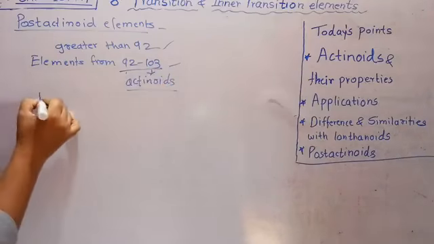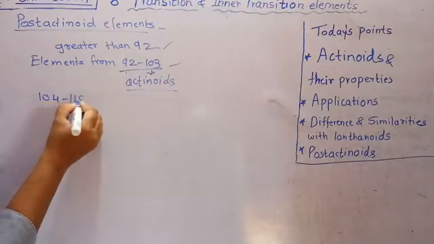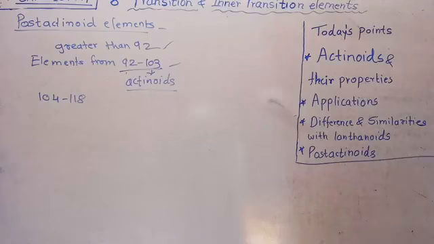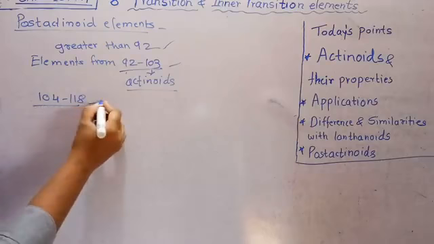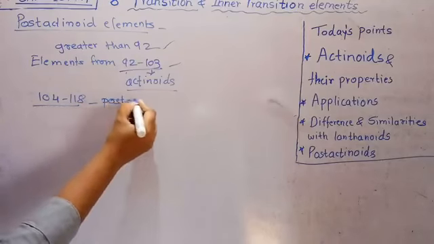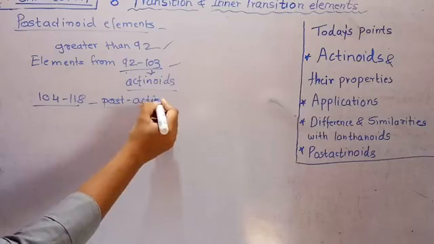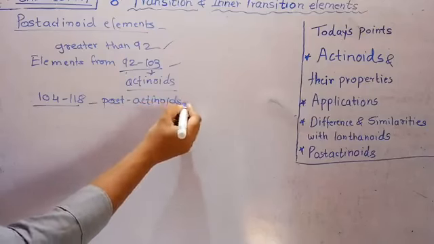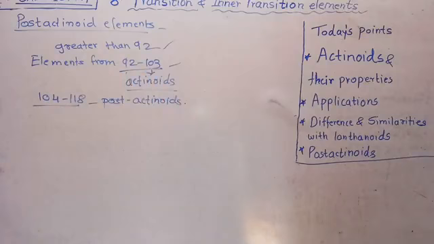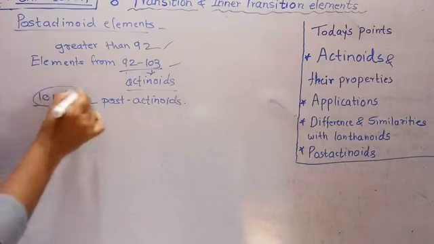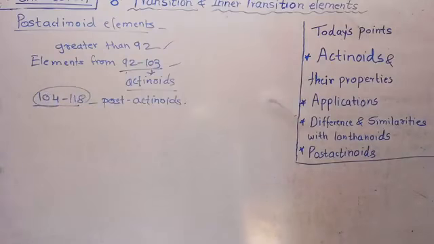But the elements from 104 to 118 are called the post-actinoids. Some of these elements belong to the transition elements.